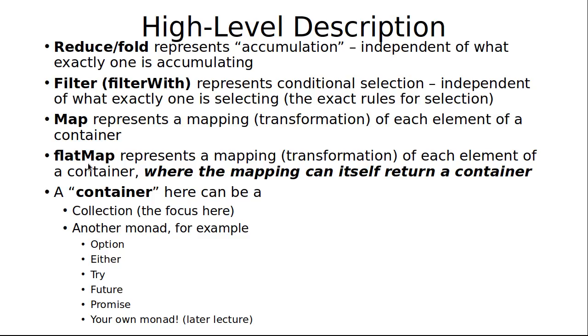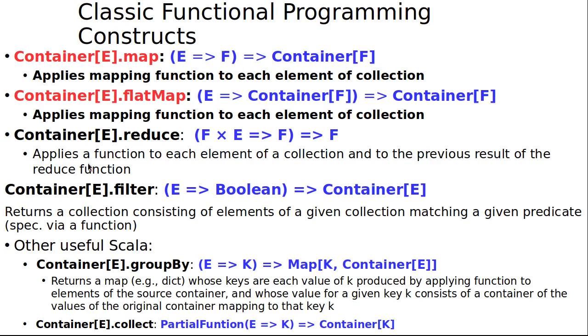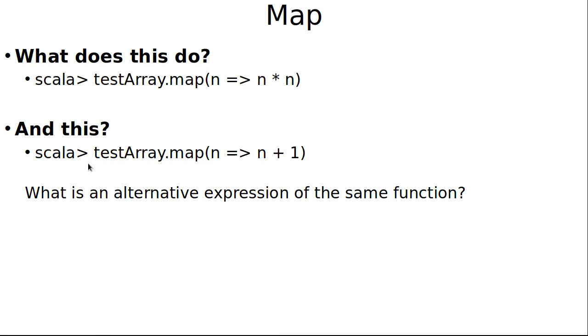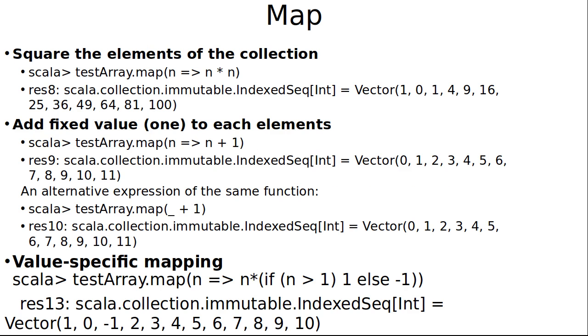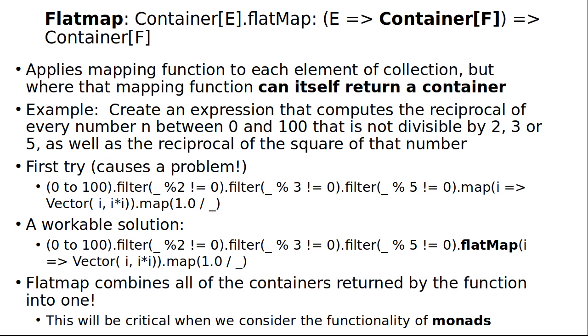Flat map is going to be another case that's going to have deep implications in a few lectures, and I'd like to show you that. So I have a lot of examples here for using these. I'd like to go though to flat map.